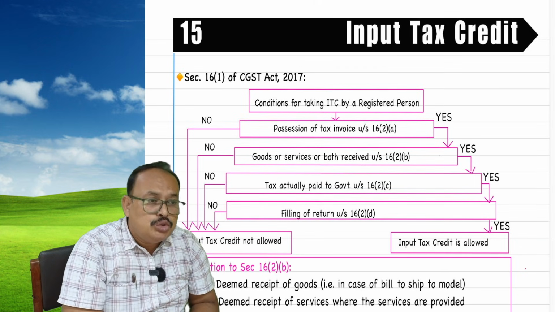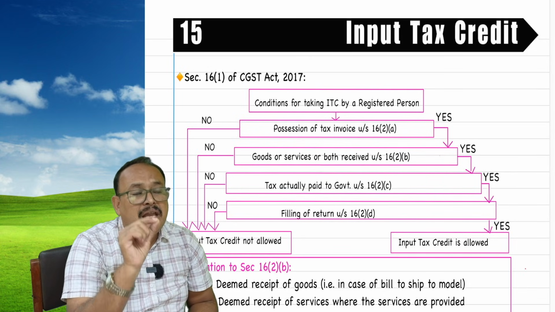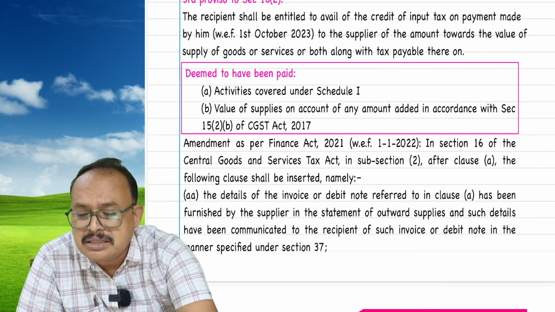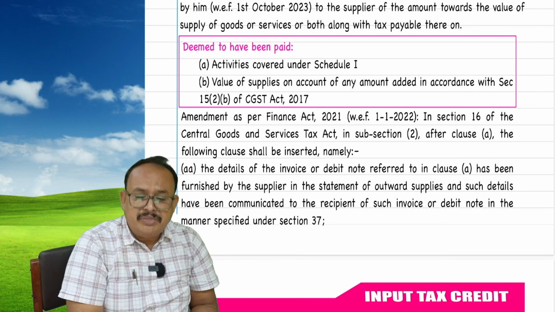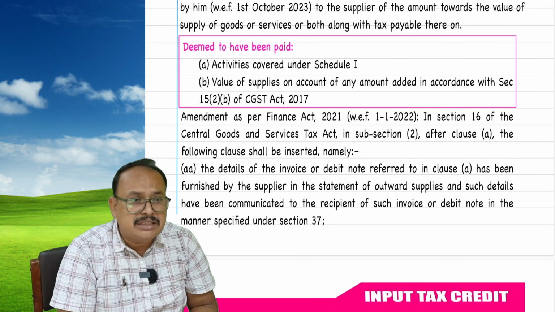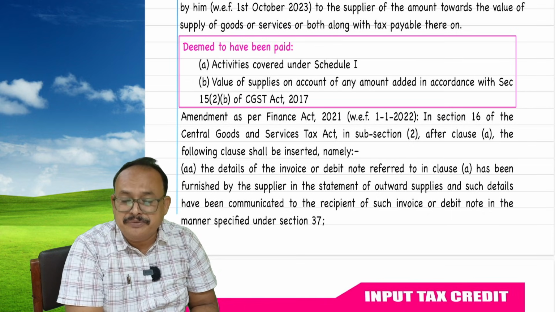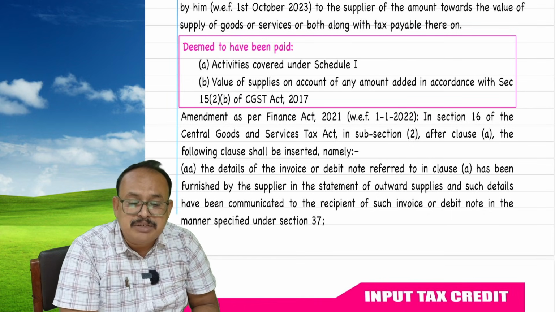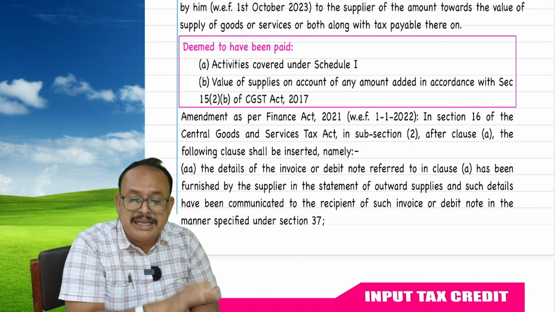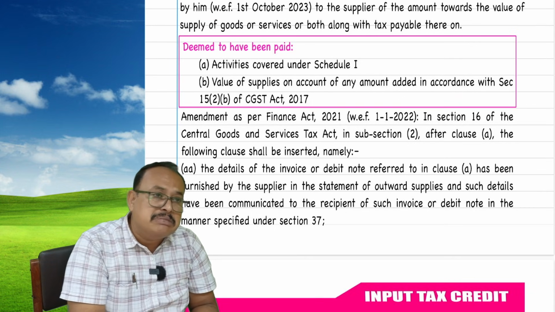Section 16, subsection 2, clause AA, a newly inserted clause, where the details of the invoice or debit note referred to in clause A have been furnished by the supplier in the statement of outward supplies and have been communicated to the recipient of such invoice or debit note in the manner mentioned under section 37.